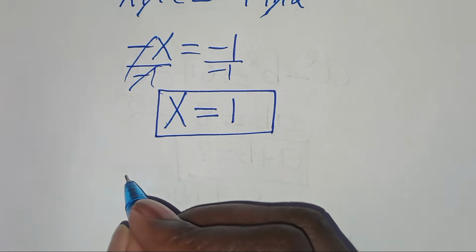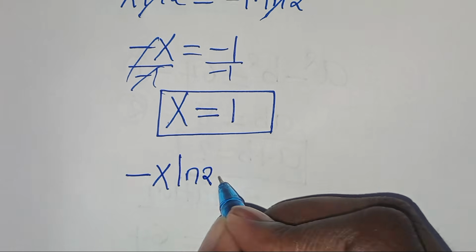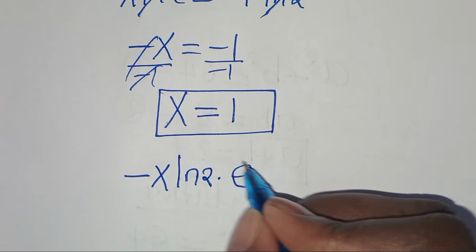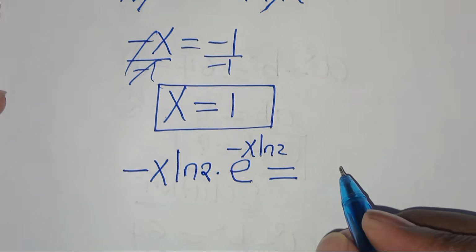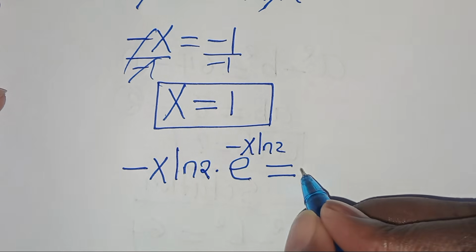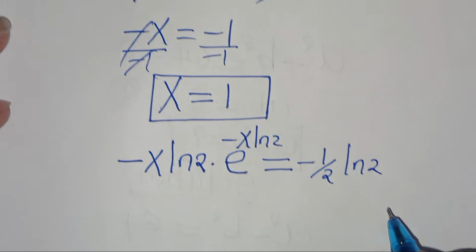And given that we have minus x ln of 2 multiplied by exponent e to the power of minus x ln of 2, this is equal to minus a half ln of 2.